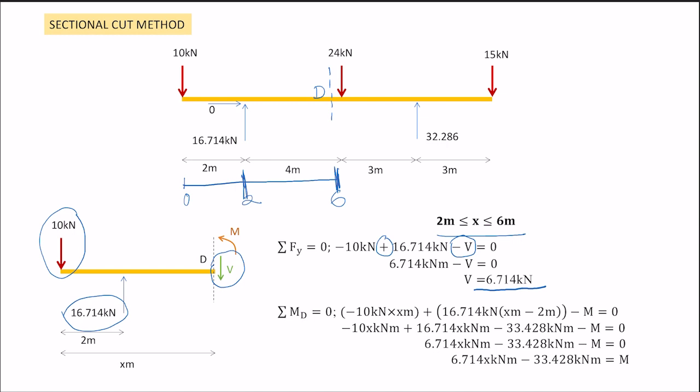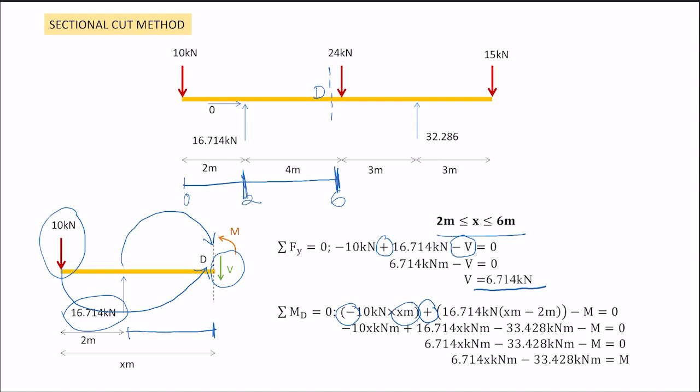Next, we're going to take moment at D, negative 10 kilonewton, which is the force here going to D. The distance going to be 6 meter and negative because of counterclockwise. And you have the reaction at A, which is 16.714 ni. Pergi ke D, this is clockwise. That's why the positive here. And the distance is going to be distance ini.